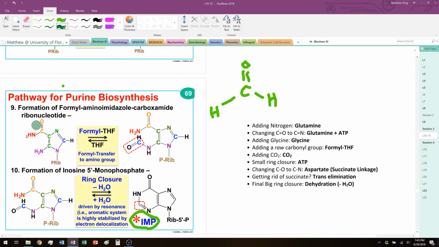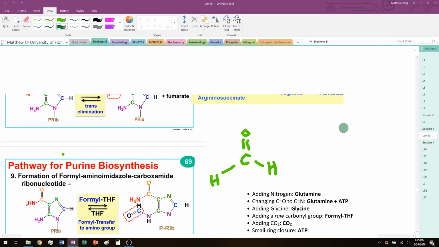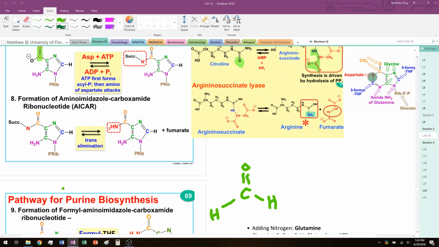Because you could do a before and an after flashcard, and then you write in what goes in here. You could also choose to study it this way if you want. What I basically did for the purines is I put over here in bold all of the molecules that you use. So, scrolling up, I got this all from here.